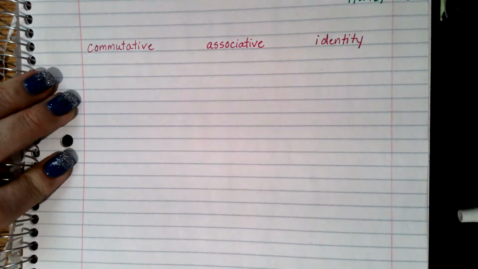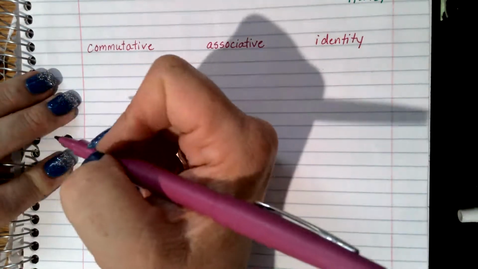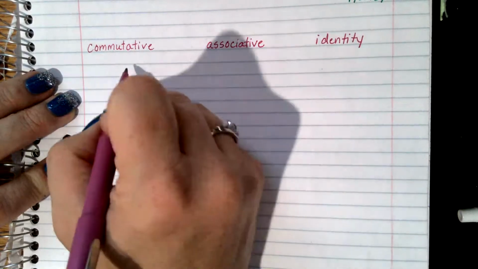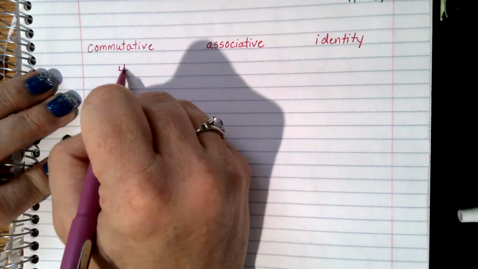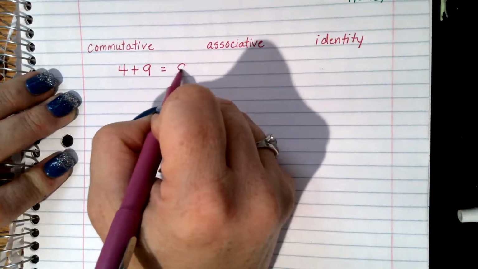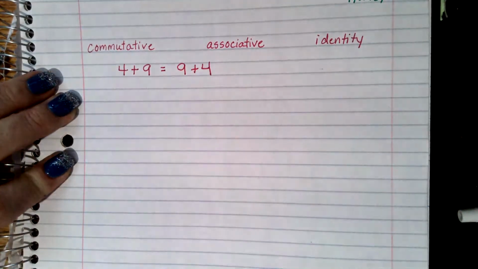Let's look at this. Let's do 4 plus 9 equals 9 plus 4. Would that be commutative, associative, or identity?